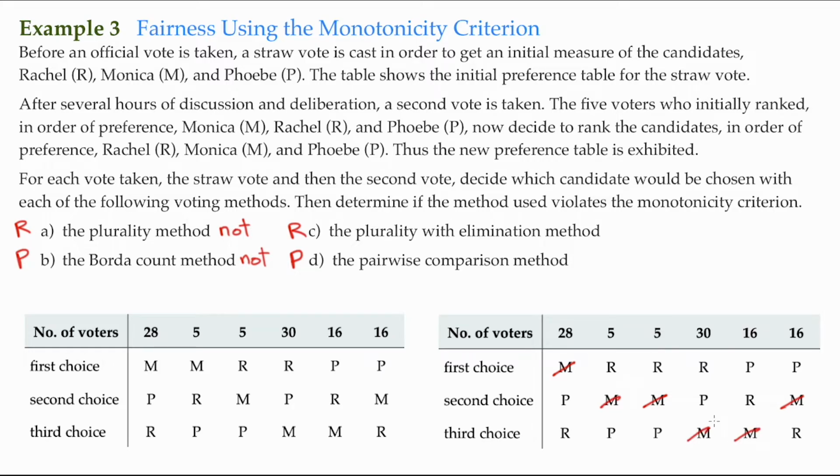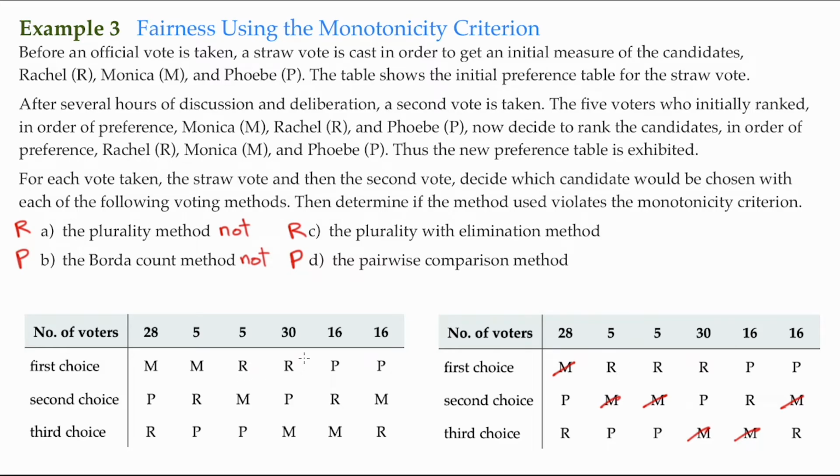And as you can see, then everybody shifts, and the only real change in the shift is Phoebe right here will shift up here, giving Phoebe 60. 32 and 28 is 60, so Phoebe wins the plurality with elimination method. So since Phoebe wins the plurality with elimination method, and Rachel won before, not only that, but Rachel gained points.